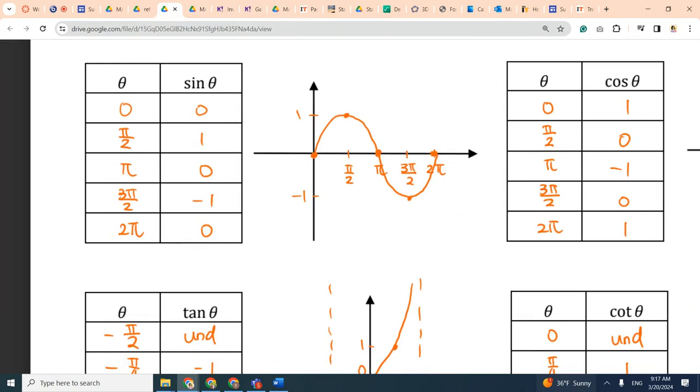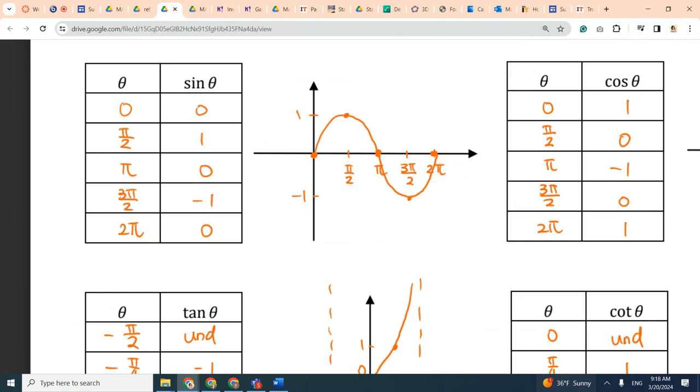1/2 is here. When you draw a horizontal line, do you see it's actually 2 points? This point is pi over 6. How about this point? Do you remember the reference angle sheet I gave you? This is the reference angle theta, and this corresponding one will be pi minus theta.